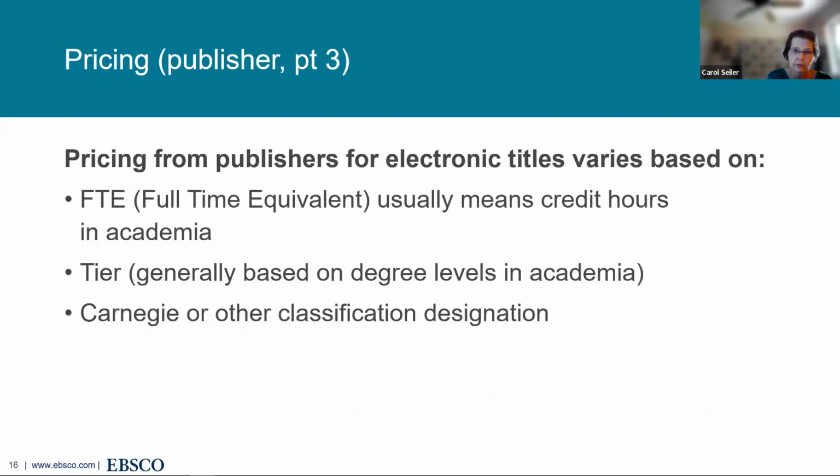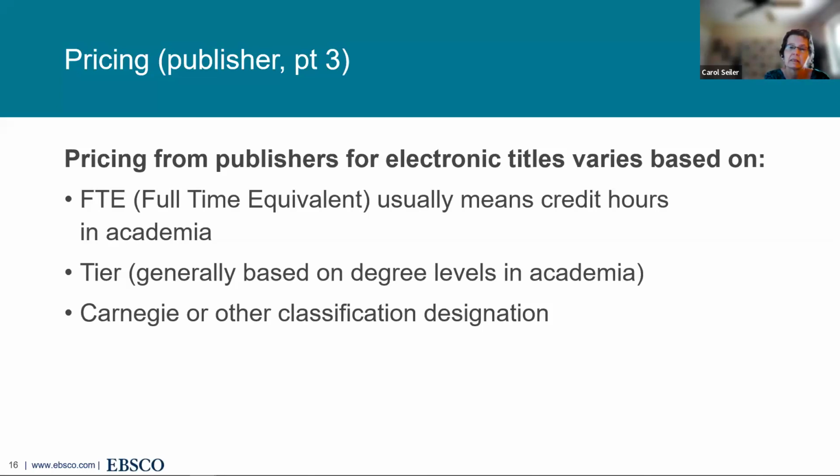Publisher pricing part 3. Publishers look for electronic title pricing based on things like full-time equivalent. That usually means credit hours in academia. And you probably have a good feel for what your FTE is for campus, because that's reported everywhere. Tier, that's generally based on the degree levels in academia. So how many bachelor level, how many master level?